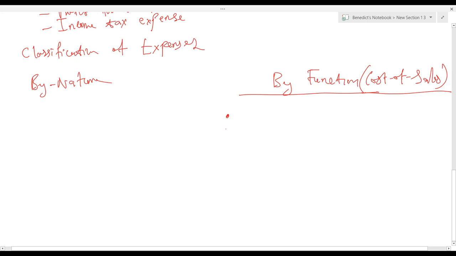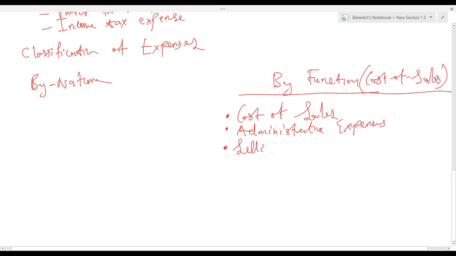Which means that expenses are either classified into cost of sales, administrative expenses, selling and distribution expenses. So all expenses are to be classified in one of these three classes, depending on what the expense is used for. That is the function of the expense.